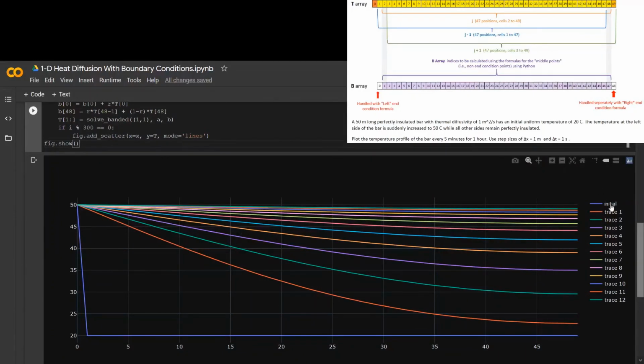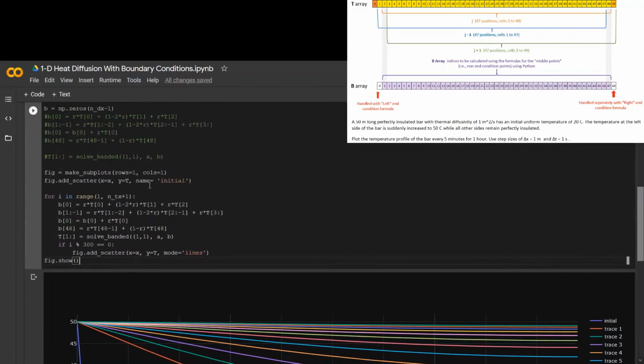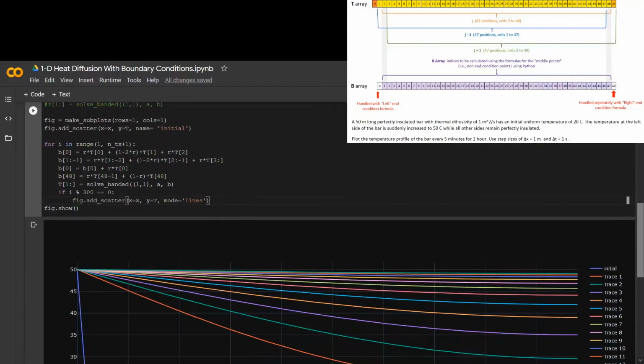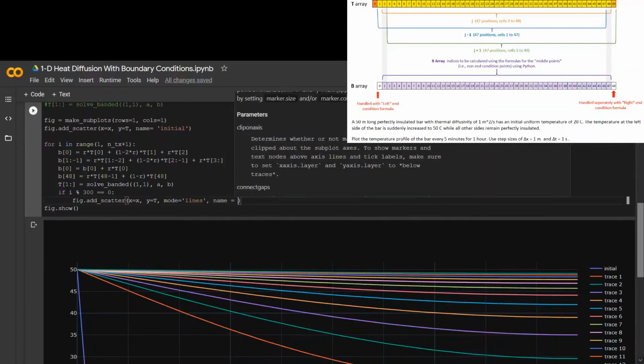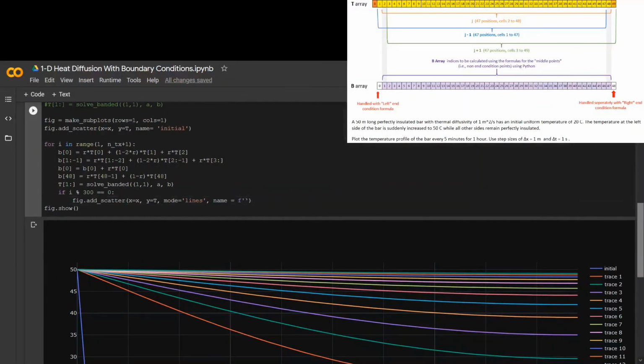All right, so our initial is here. We can name these. So what did we call it? We said name equals initial. So this time, let's say name equals, how should we do this?